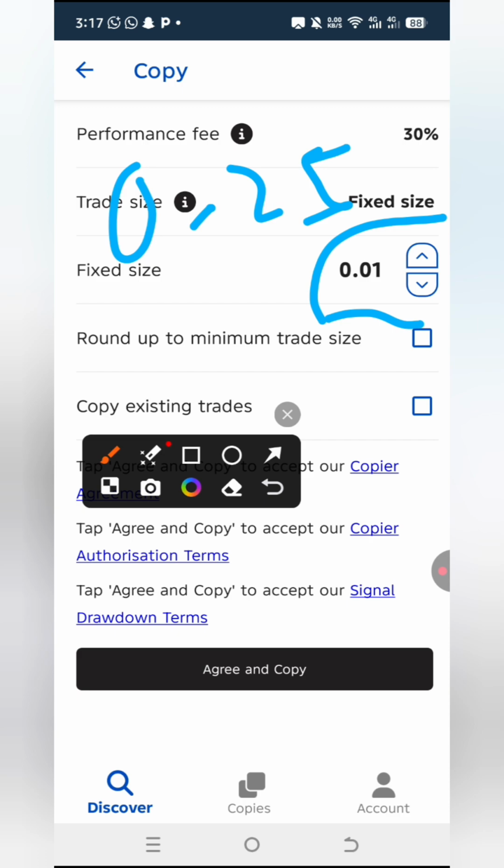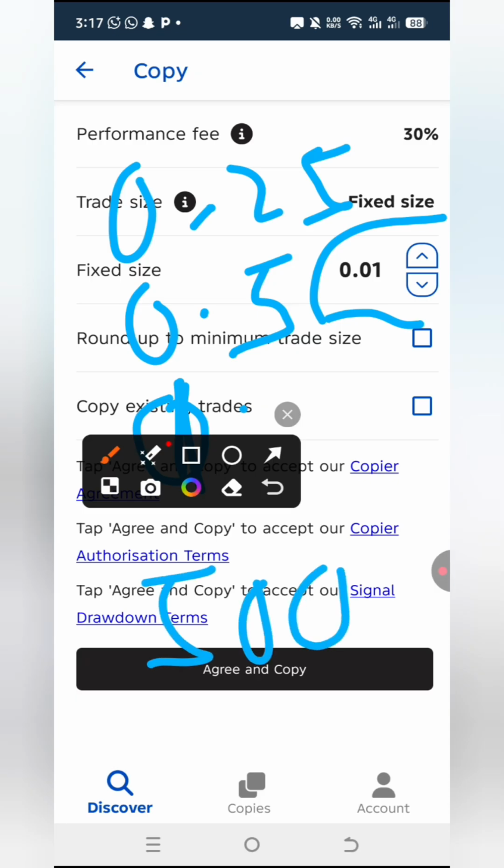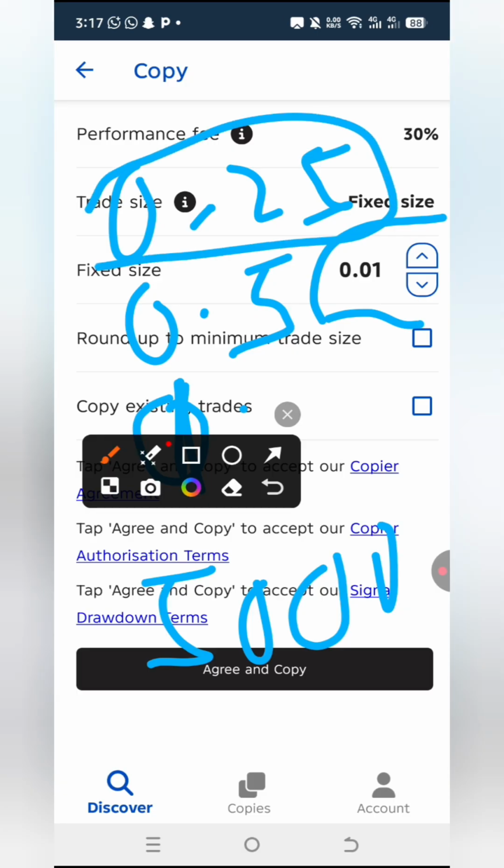We put in 1 for every 5,000. So if you are somebody that does not want any headache at all, you put in 0.25.